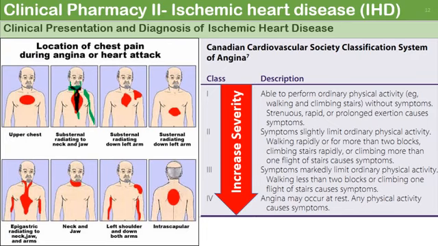Another classification of symptoms is the Canadian Cardiovascular Society Classification System of Angina. It can be simplified: angina can be classified from grade 1 to grade 4 according to severity.